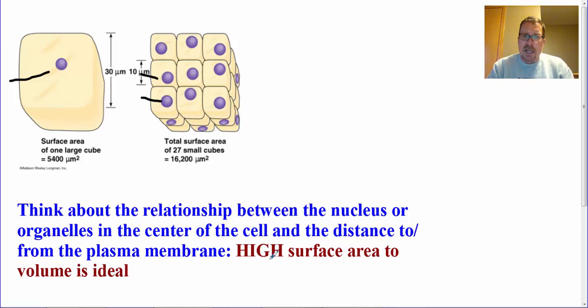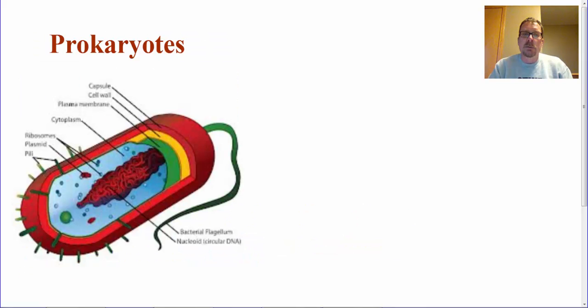So ideally you would have a very high surface area to a lower volume, and therefore having more cells rather than one big cell allows for better use of that ratio and to survive better.